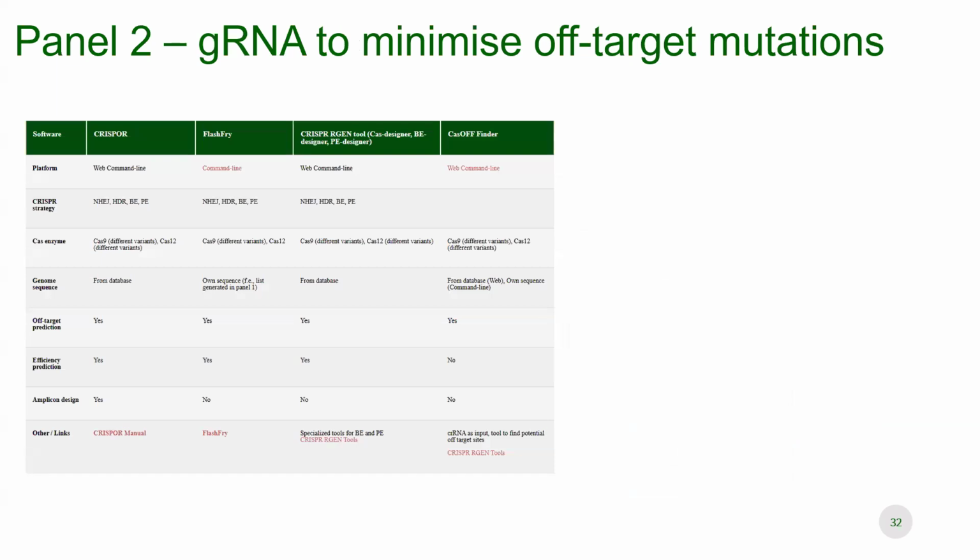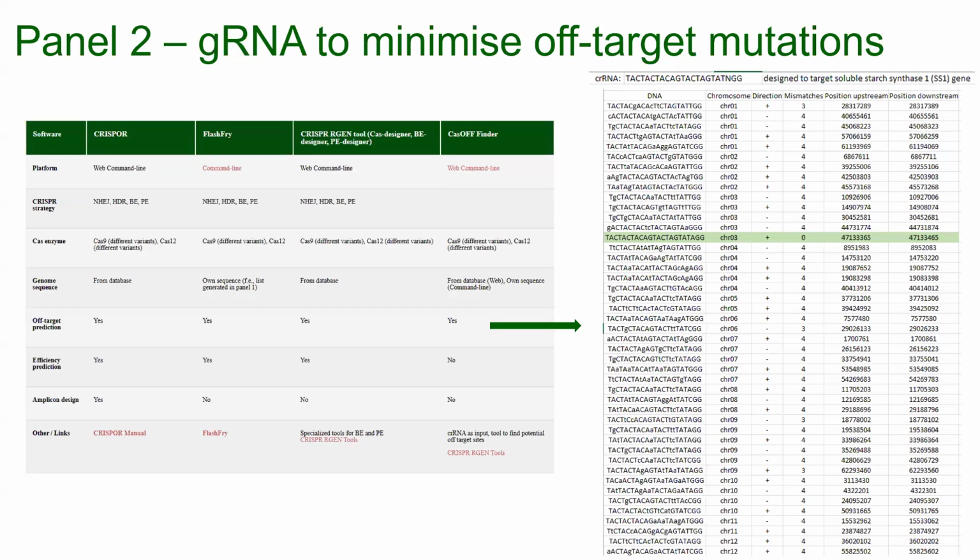And for each of these strategies, or each choice you make, you will find a table with bioinformatic pipelines and websites and so on, with the parameters for each of these programs to design very specific guide RNAs with minimized off-target mutations.